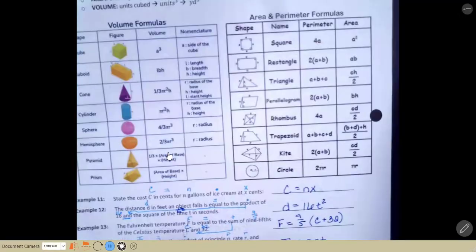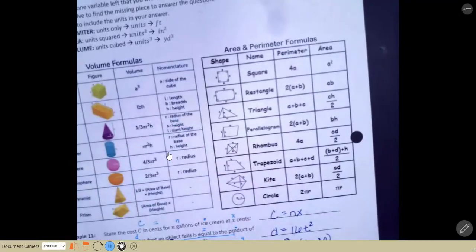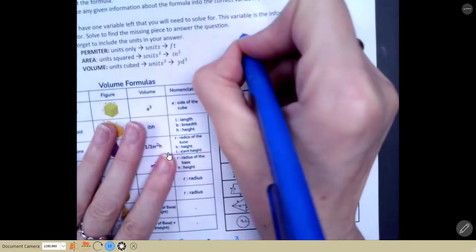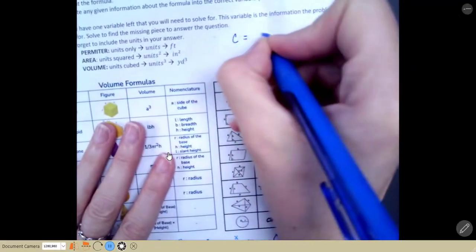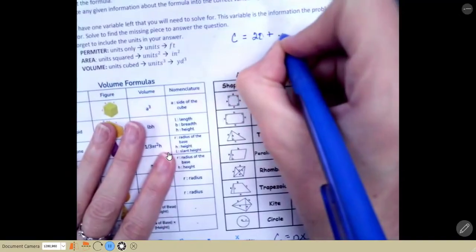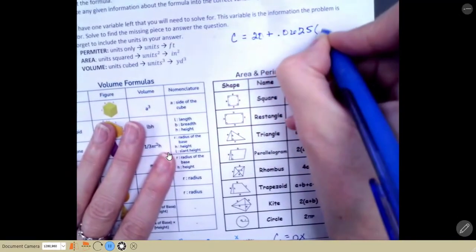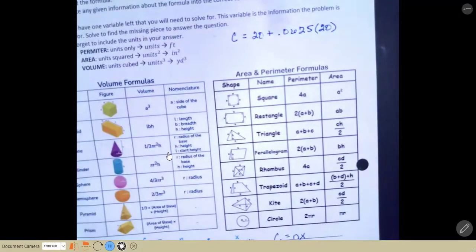This may not be interesting to you, but I think it's interesting because it's something that maybe when you start working and earning money, you can start to help yourself figure out the cost. So you want to buy a shirt. So the total cost for your shirt is $20 plus 0.0625 tax on that 20.